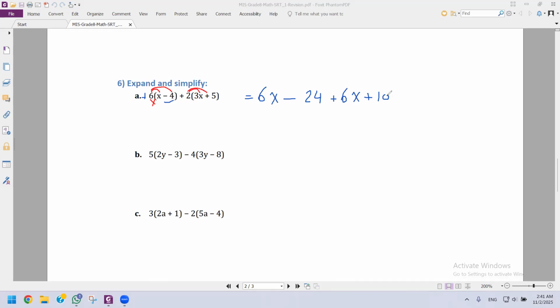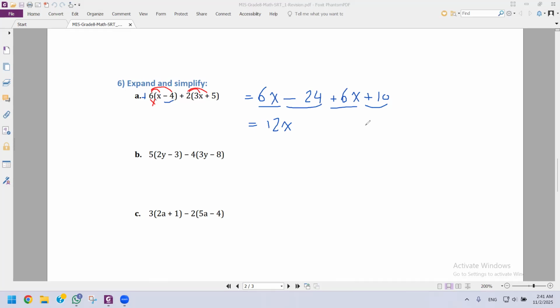Is it done? No, we did only expand. Now we need to simplify. So we write an equal, and we add the common terms only. Which one has x? This one and this one. 6x plus 6x, 12x. Then minus 24 plus 10.